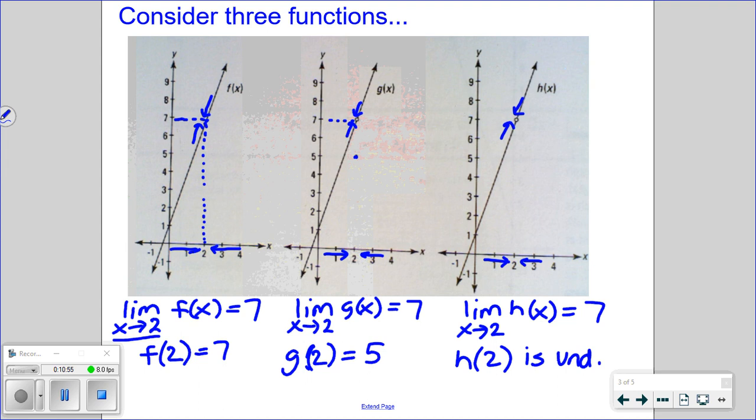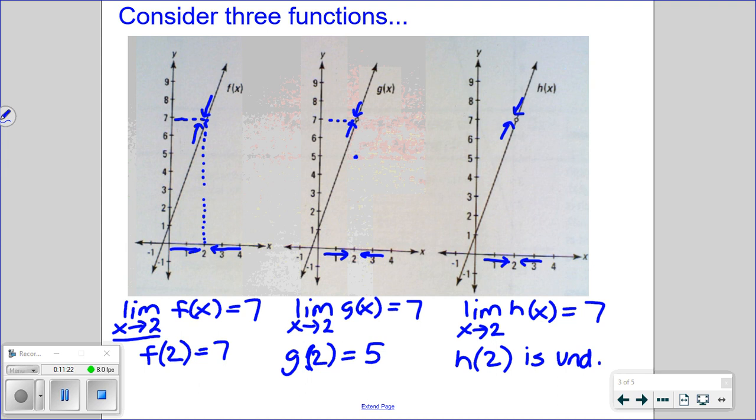Okay, so again, you notice that in all three cases, the limit exists. For f of x, f of 2 is defined, f of 2 equals 7. And in that case, the function value equals the limit. But in the second case, for g of x, the limit exists, g of 2 is defined, but they are not equal to each other.